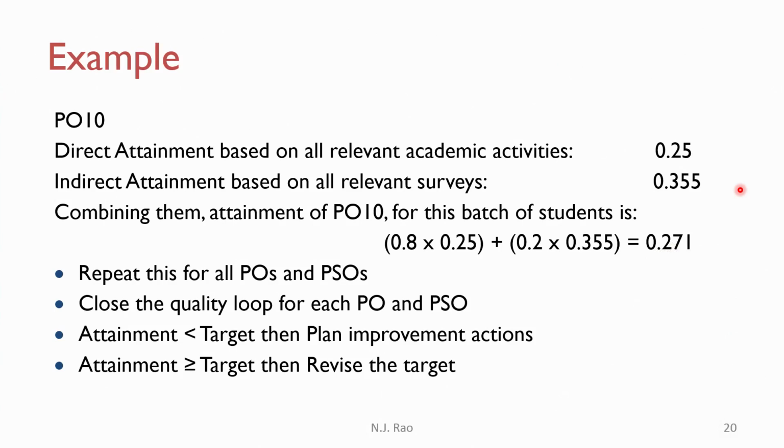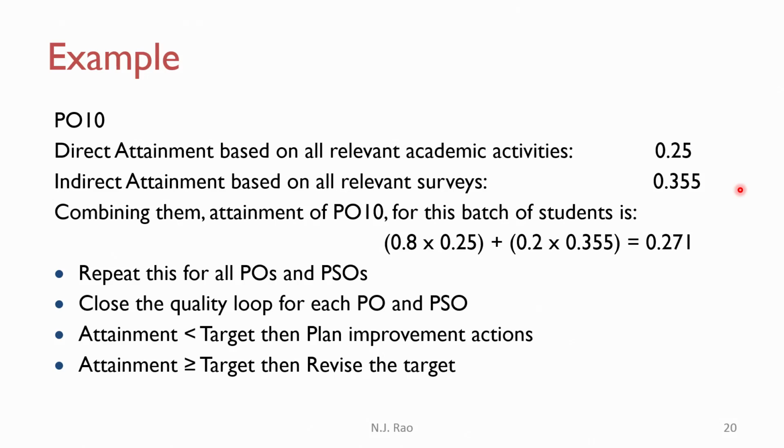Now, let us look at a sample instead of giving a very complex table. Let us take PO10. The direct attainment based on all relevant academic activities, we saw as 0.25. The indirect attainment based on all relevant surveys, maybe you have done 3-4 surveys, is 0.355.